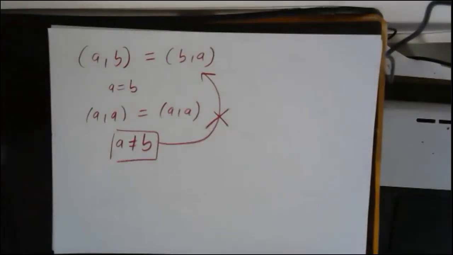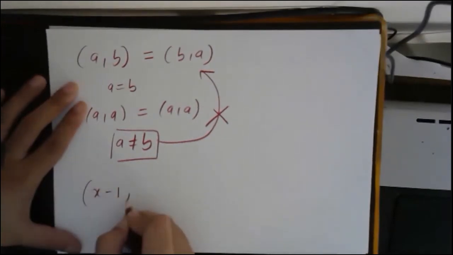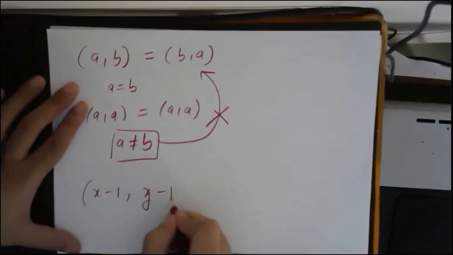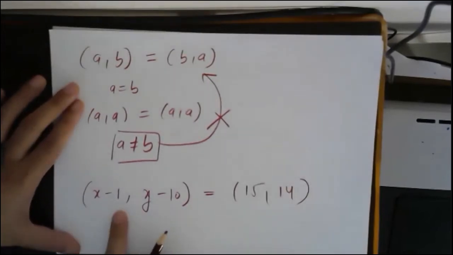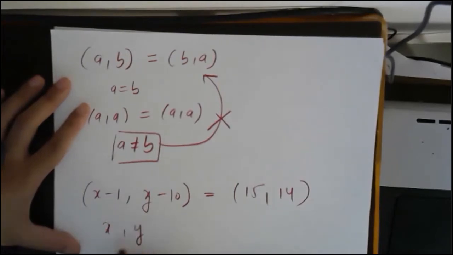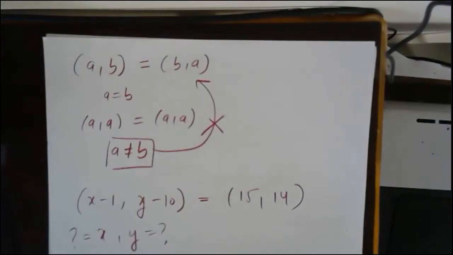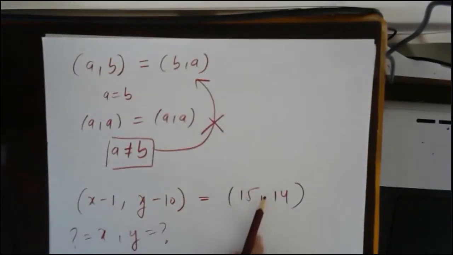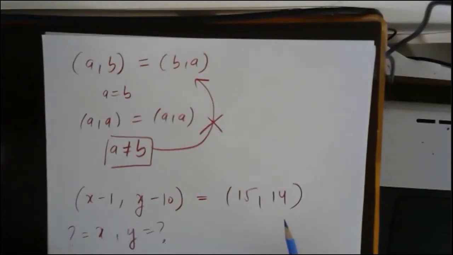Okay, so this was for ordered pairs. Suppose you have been given a question: x minus 1, y minus 10 is equal to 15 comma 14. What is the value of x and y? If these two are the same, x is 16, and y is 24. Very good.